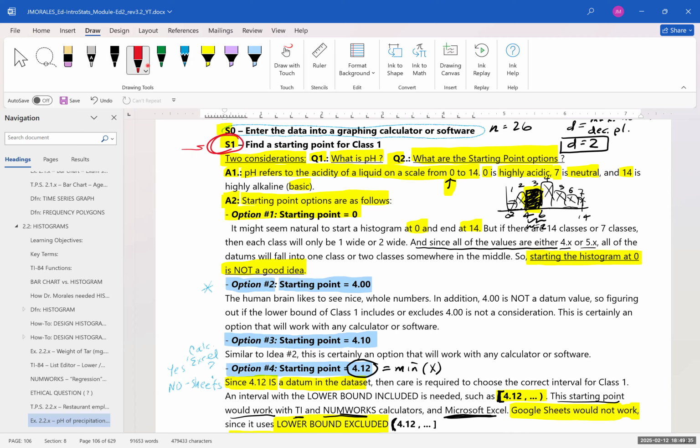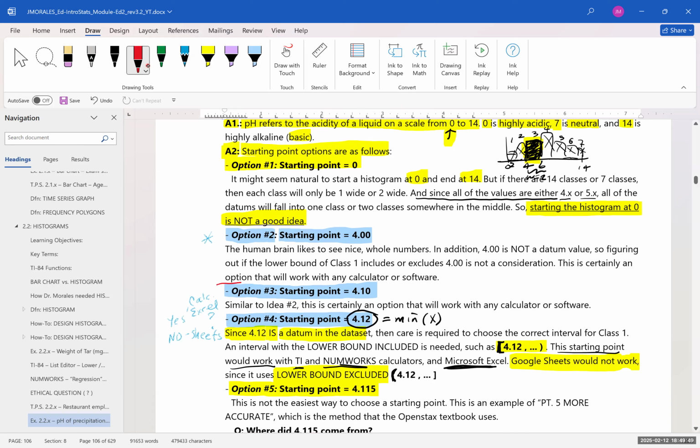Okay, step 1, you really have to make a lot of special considerations. And I tried to put all my thoughts on paper as far as all the different considerations I would give to choosing a starting point here. And in the end, I chose to go with option 3, which was a starting point of 4.10, for the same reasons that I gave here for that option.